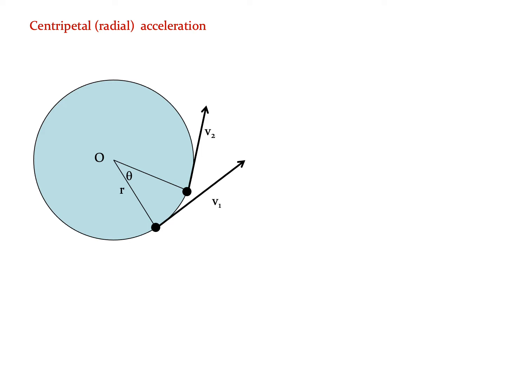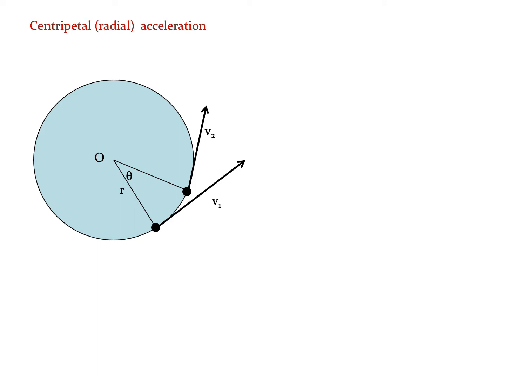So look at the direction of v1. It's a tangent to the circle at that point. Notice that v1, by definition, must make a right angle with the radius at that point. Similarly, when we get to the new position, a little bit further on, the velocity is v2, same magnitude of course as v1, but look at its new direction. It also makes a right angle with the radius at its particular point.